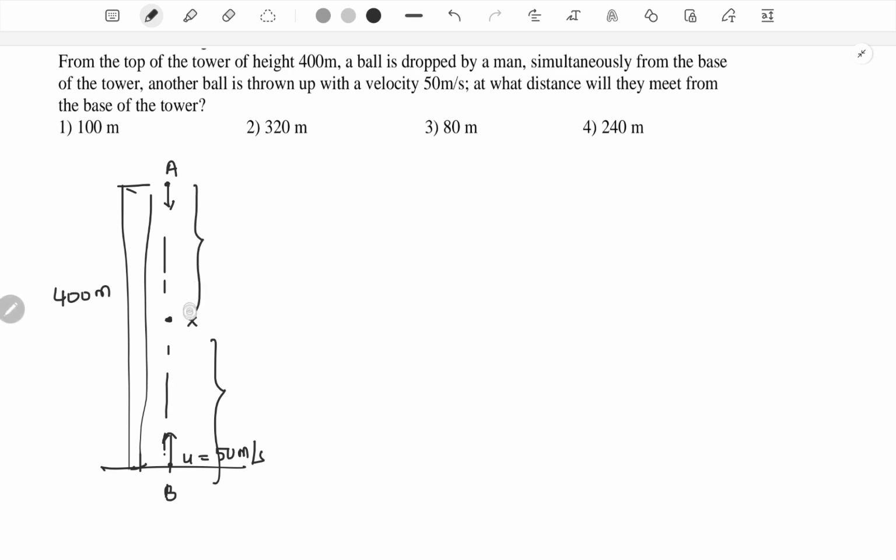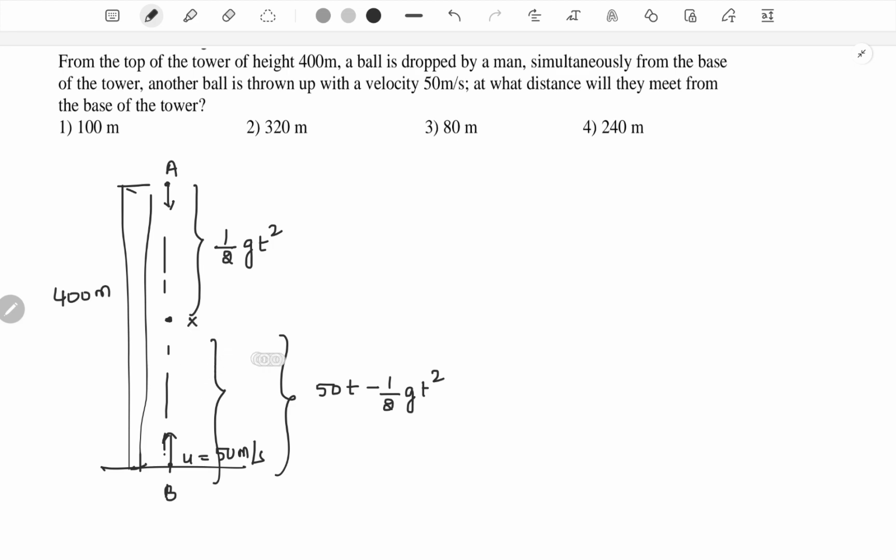The distance traveled by the first body in this amount of time is half into g into t square. Whereas the distance traveled by the second body in the same time, if we use s equal to ut plus half a t square, is 50t minus half into g t square.